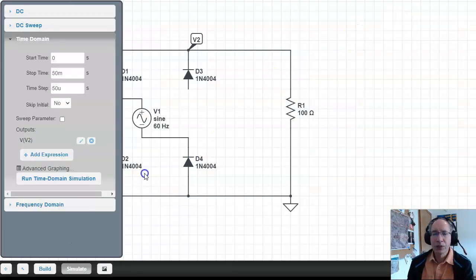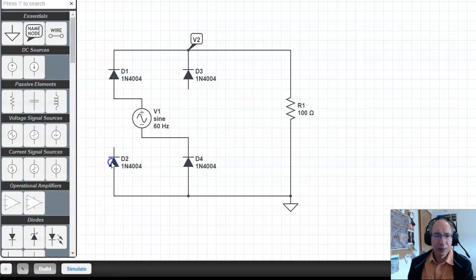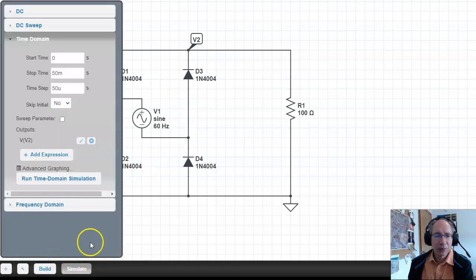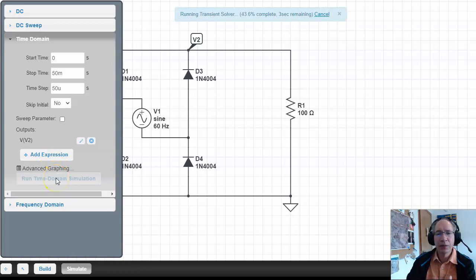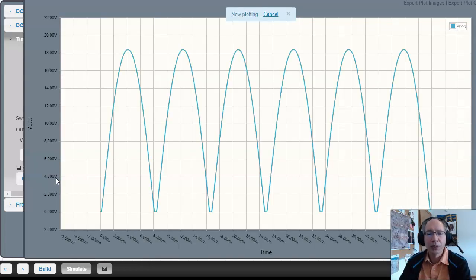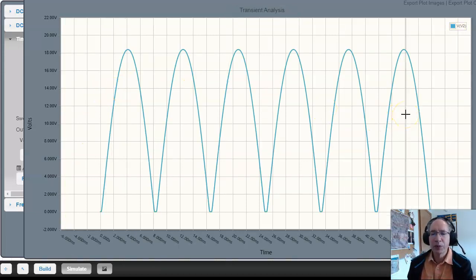If I turn on the other two, I get the other half. The net result is the waveform at V2 is now 120 hertz. And the reason for that is you get the negative and positive. I get 2 humps per cycle. So in 3 cycles, I get 6 humps, double the frequency, 120 hertz. And I lose 1.4 volts.